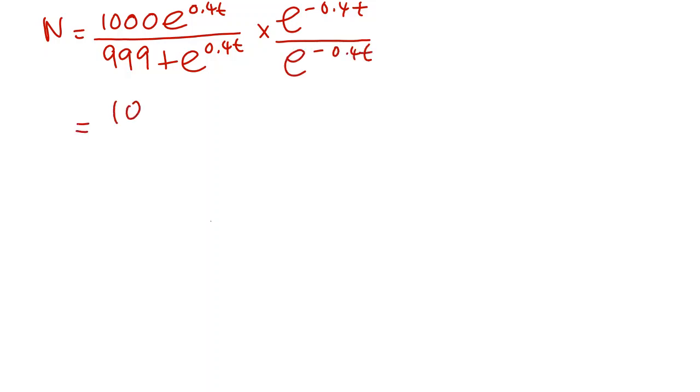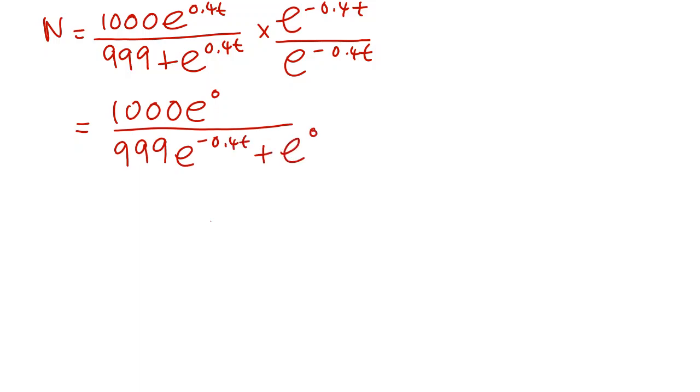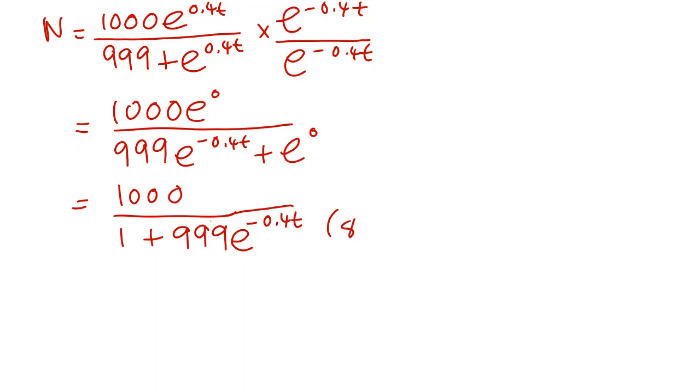So you will have 1000 e to the power of 0 over 999 e to the power of negative 0.4t plus e to the power of 0. We know that e to the power of 0 equals 1. So now you will have 1000 over 1 plus 999 e to the power of negative 0.4t. Okay, shown.